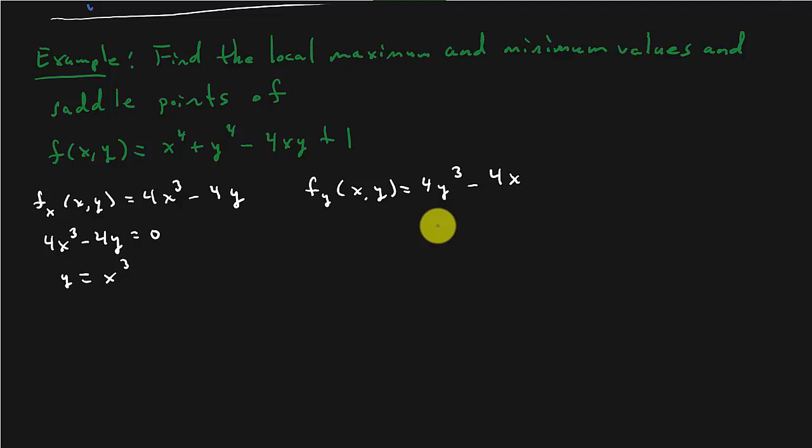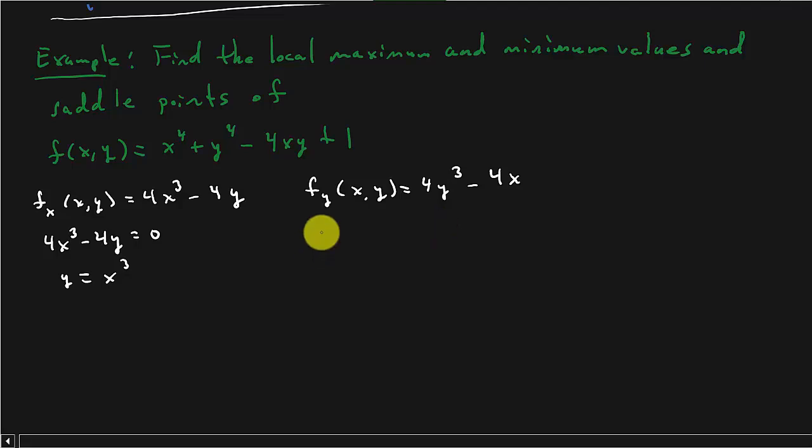Okay. All right. So now if we take 4y cubed minus 4x equals 0, well, that gives me y cubed minus x equals 0. So I just divided everything by 4.